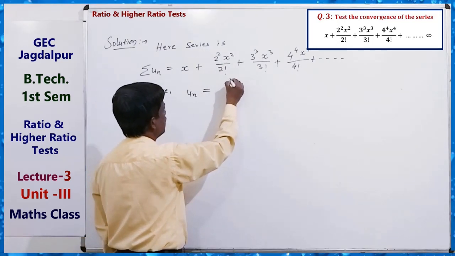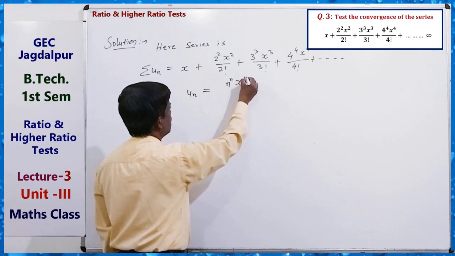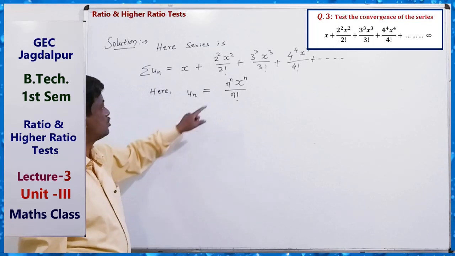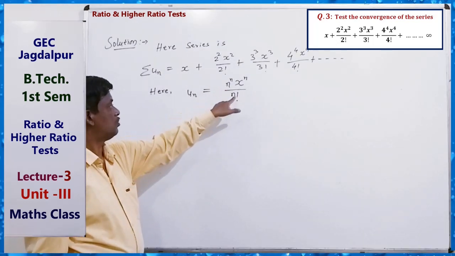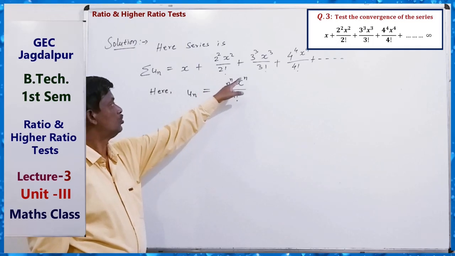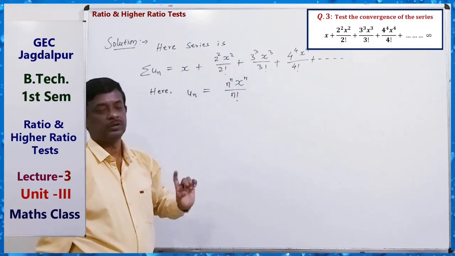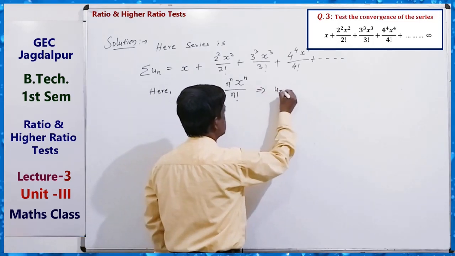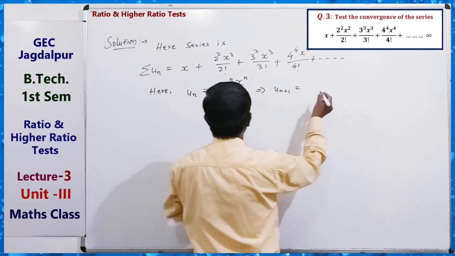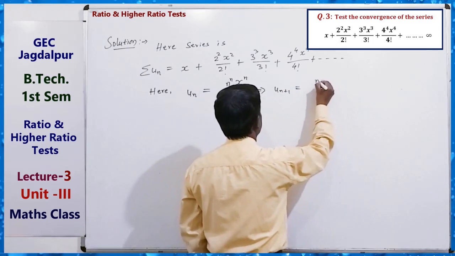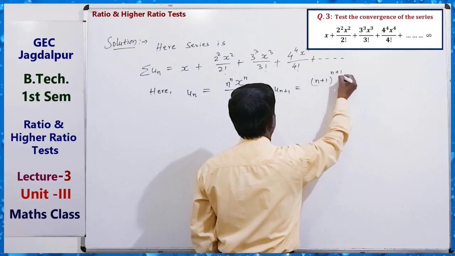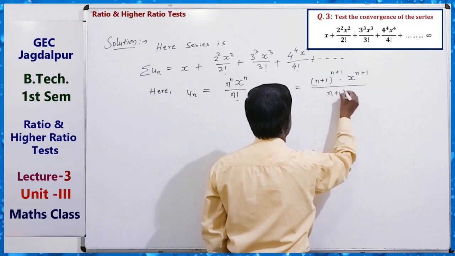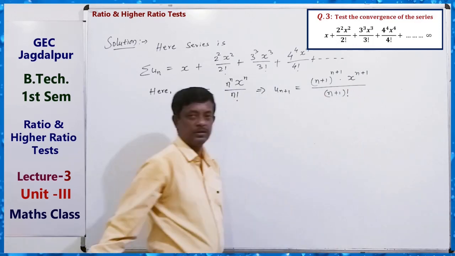It's n power n x power n upon n factorial. If we take n equals 1, then 1 x upon 1; for 2, then 2 square x square upon 2 factorial; 3, then 3 cube; 4, then 4 power 4. This is so. Implies un plus 1 equals what? n plus 1 power n plus 1 x power n plus 1 upon n plus 1 factorial. Clear?